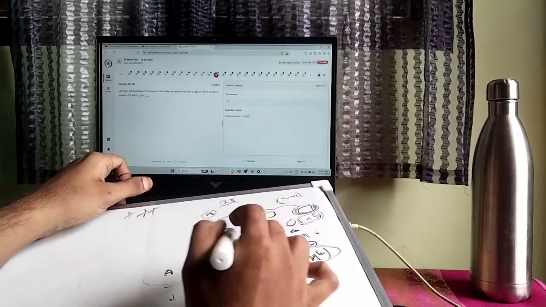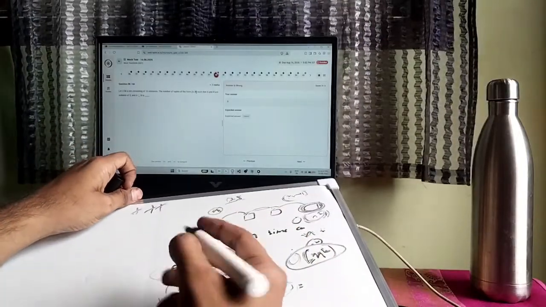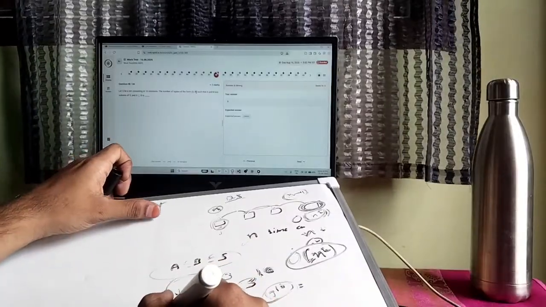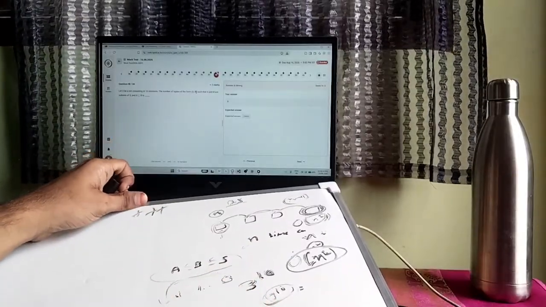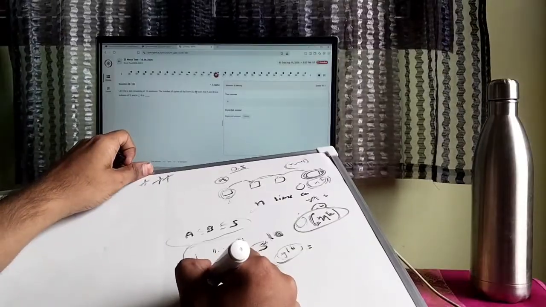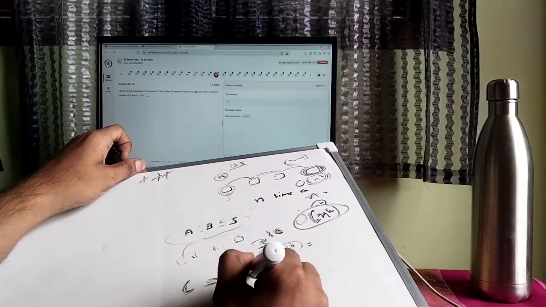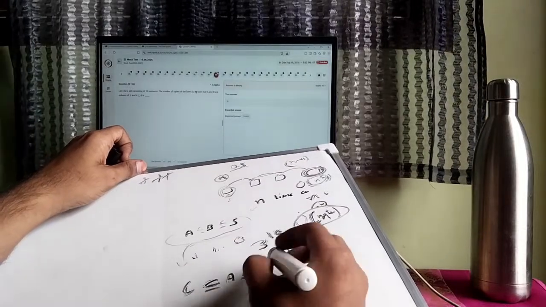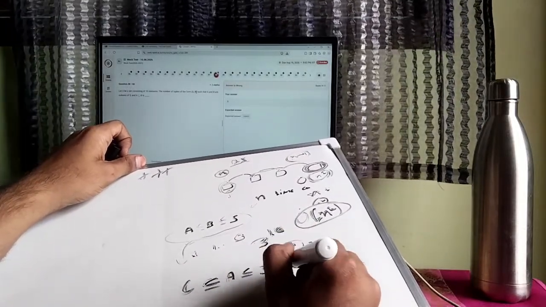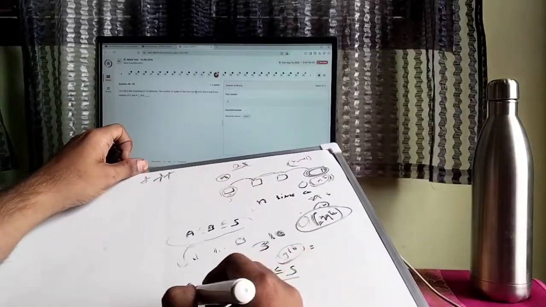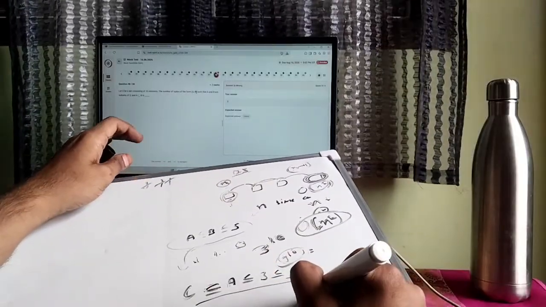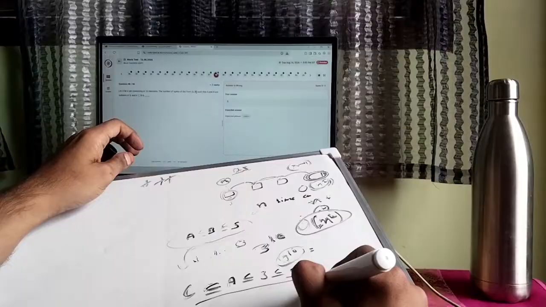So why are they giving it this way? If they mention C is also a subset, like C is a subset of or equal to A, and A is a subset of B, and B is a subset of S, then we have 4 choices. Here we can form 4 power n.